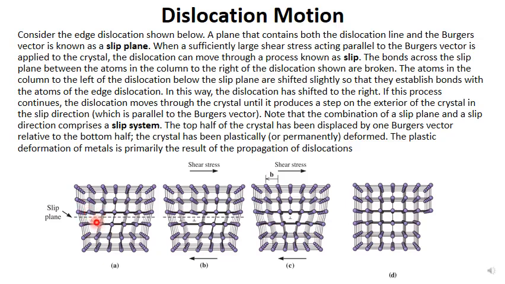So these bonds break, and these new bonds establish, leading to the movement of the dislocation line from this position to this position.